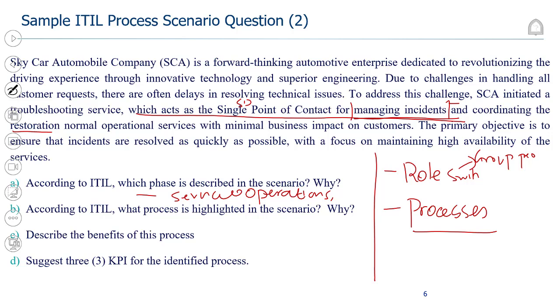The process there is incident management.